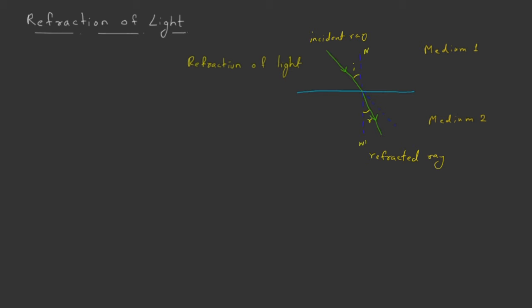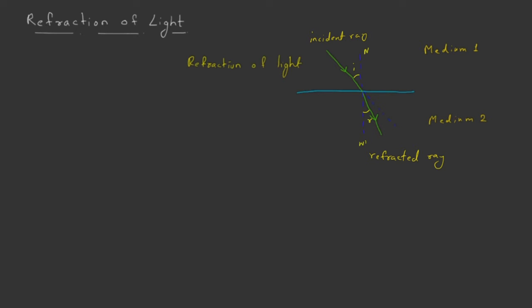So this phenomenon, that is when light traveling obliquely from one medium to another, the direction of propagation of light changes in the second medium, is called refraction of light. We can see many examples of refraction of light in our surroundings.